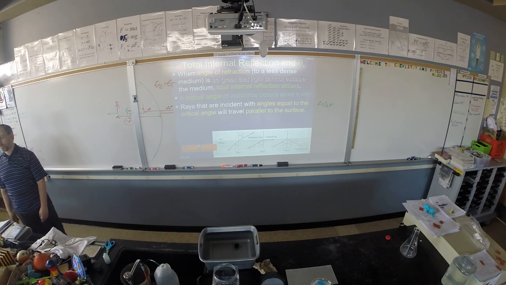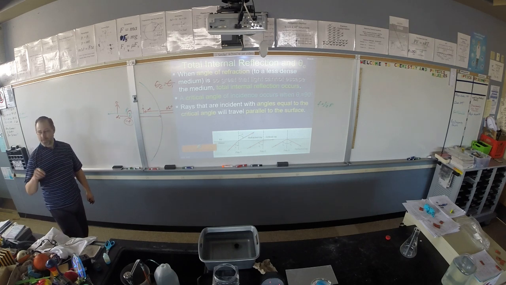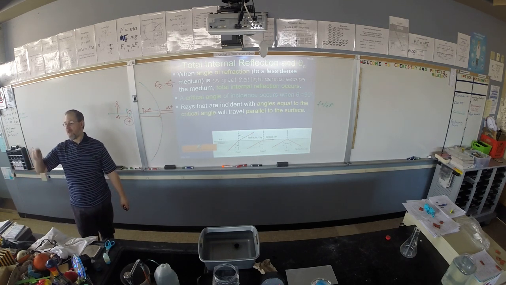You said that's the theta I that produces the theta R greater than 90? Yes, exactly right. The theta I, the angle of incidence, that would cause an angle of refraction to be 90 or larger, we just call the critical angle.